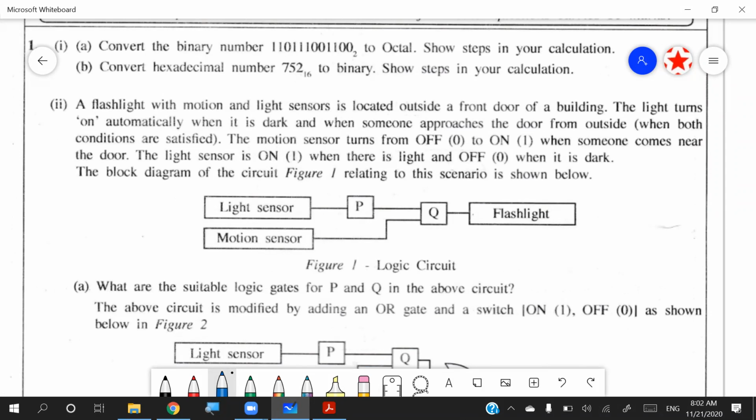That is the one that you need to capture. So this is the golden line: the light turns on when it is dark and when someone approaches the door.